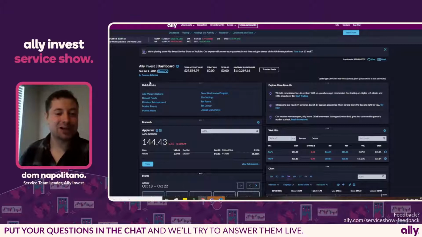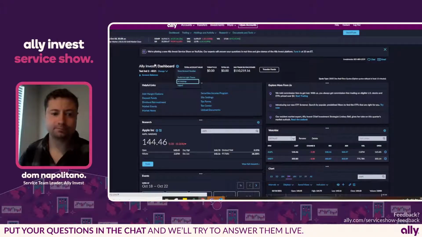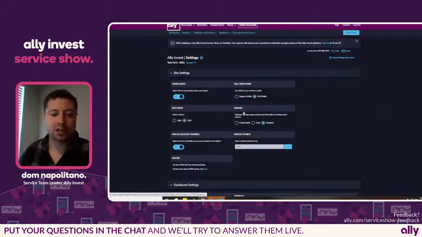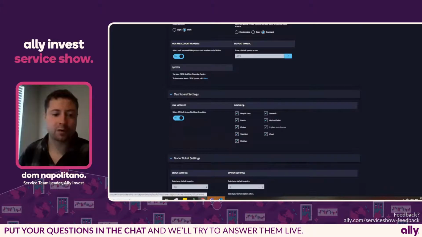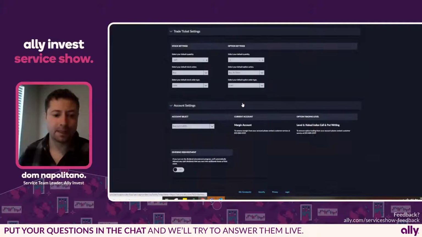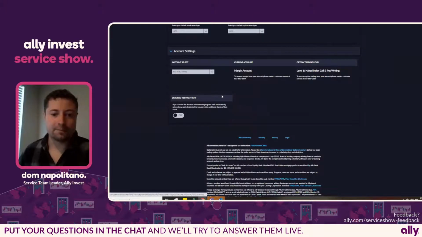Yeah. So once you're on your Ally Invest dashboard, you're going to see this blue cog or gear, if you will. Go ahead and click on that, then click on all settings. Here you'll find some additional site settings, but what we're looking for is all the way down here. You'll see current account, and if it says cash account, it'll give you a button that says apply for margin or add margin. This one actually already has it.